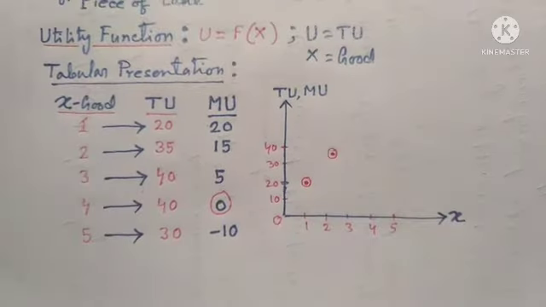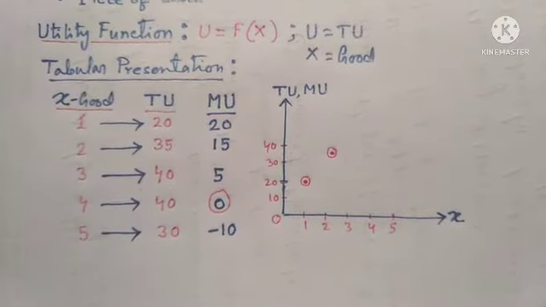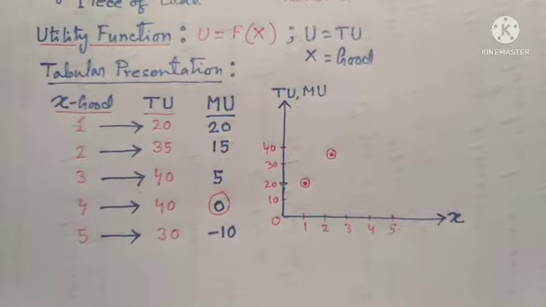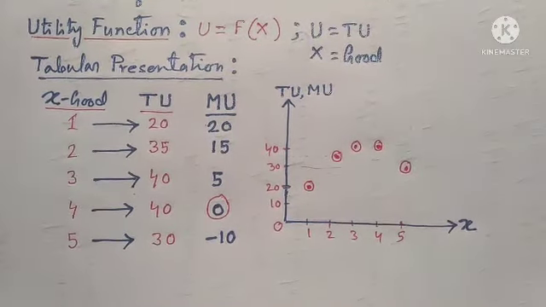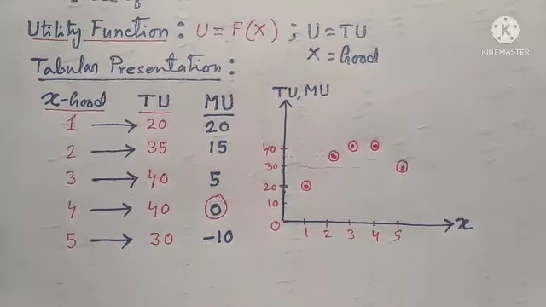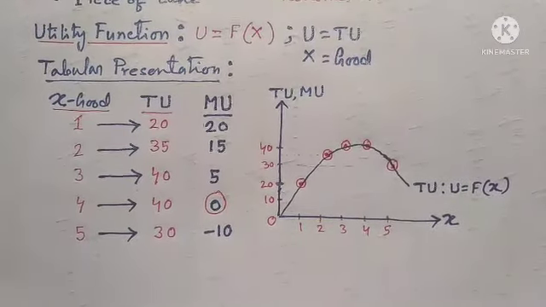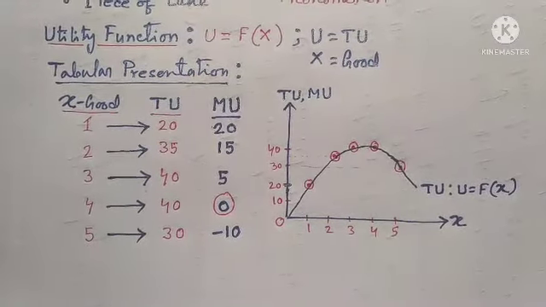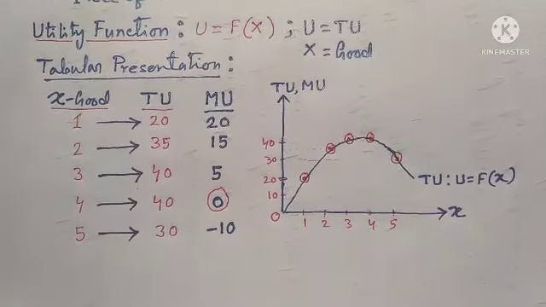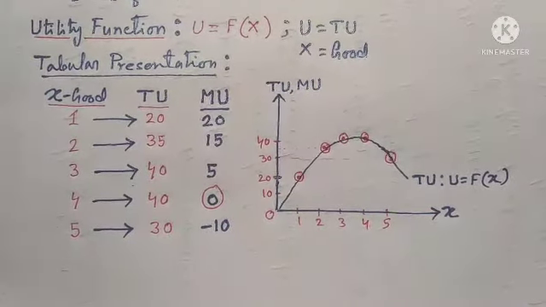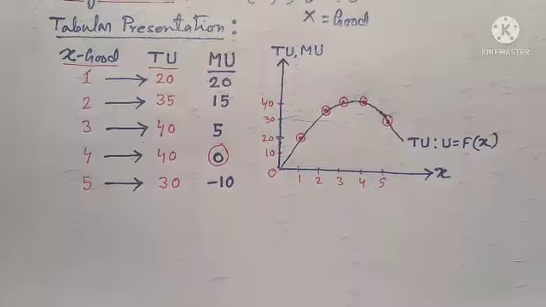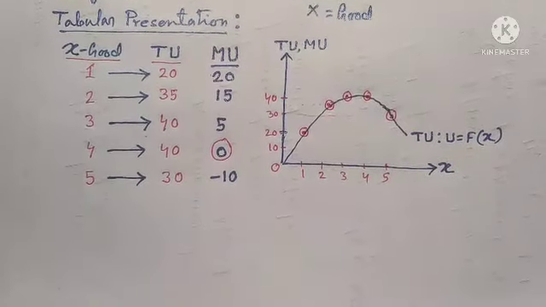Now we show the second point also: for the second unit, total utility is 35. Here we have taken all the coordinates one after the other. By connecting all the points with a curve, we get the total utility curve, or simply the utility curve.